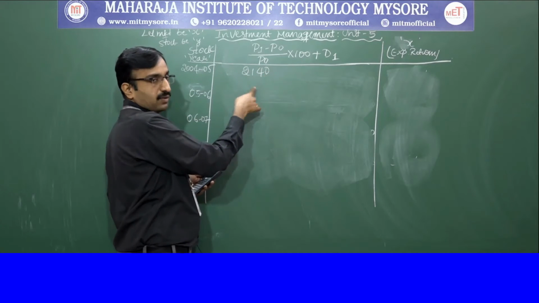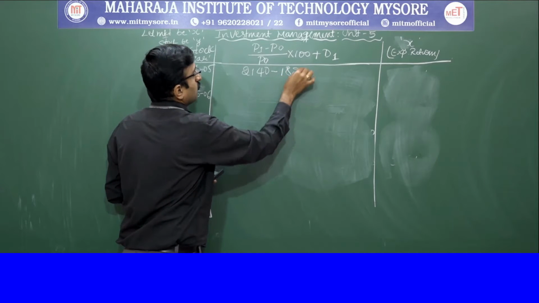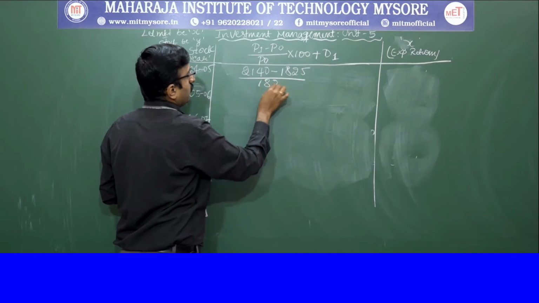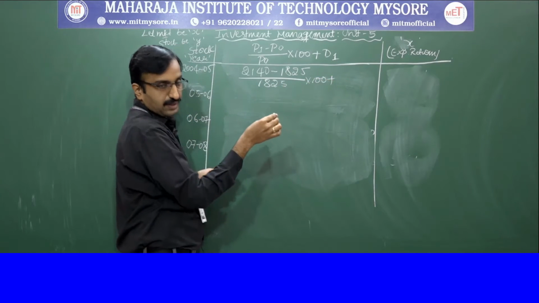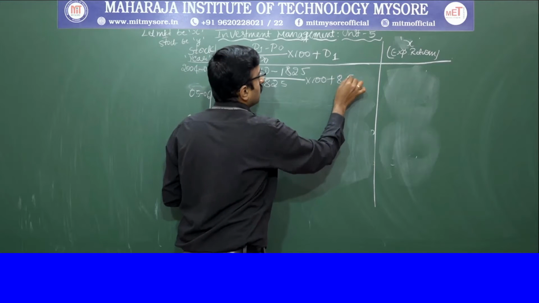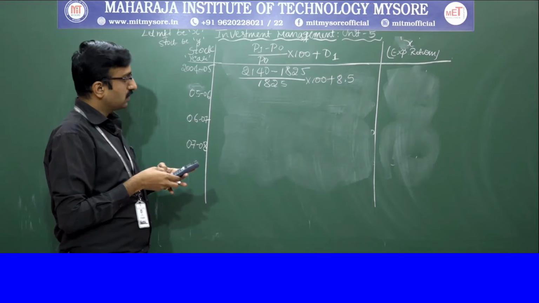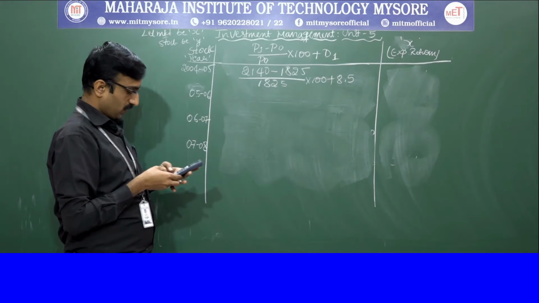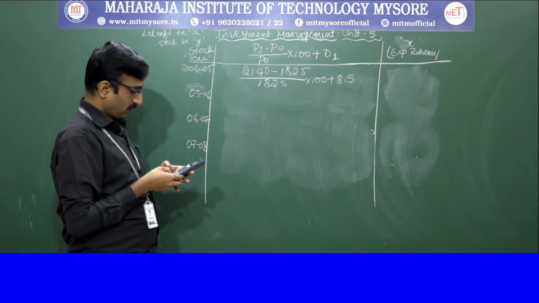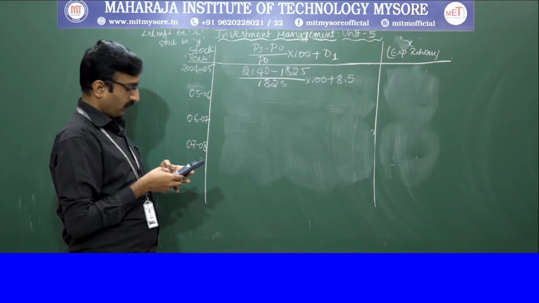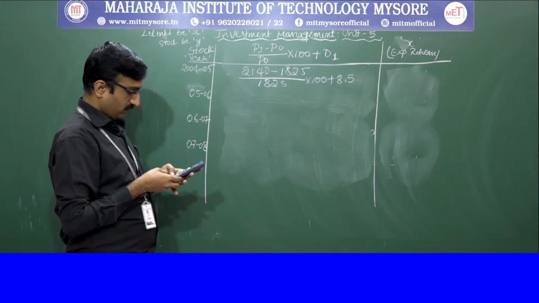2410 we have. Previous year how much we have? We have 1825. So (2410 minus 1825) divided by 1825 into 100 plus the dividend here, which is 8.5.